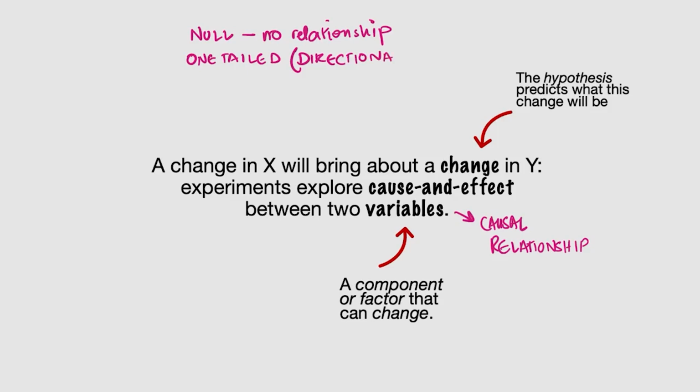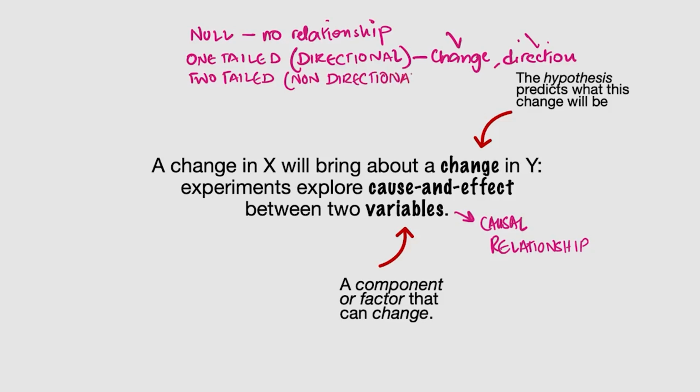And with a directional hypothesis, the researcher predicts not only that there will be a change, but will also predict the direction of that change, or in other words, the researcher is very clear about how X is going to affect Y. Then you've got the two-tailed hypothesis, which is called a non-directional hypothesis, in which the experimenter has not identified what the direction of the change caused by X on Y is going to be like, but does specify that yes, X will cause some kind of change in Y.